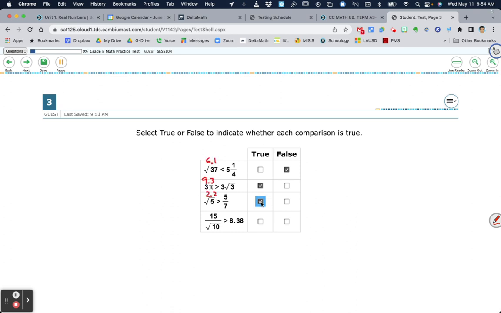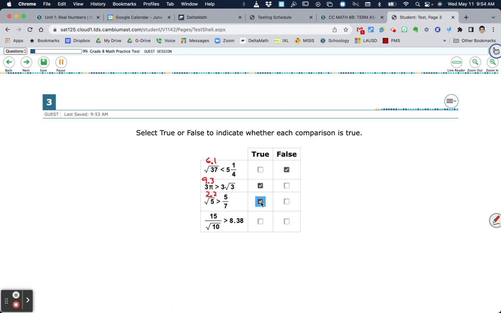All right. So we got 8.38, and we're going to compare it to 15 over the square root of 10. So how much is the square root of 10, more or less? No, 5 times 5 is 25. So what perfect square is 10 close to? Well, 3. You mean 3 times 3? 9.